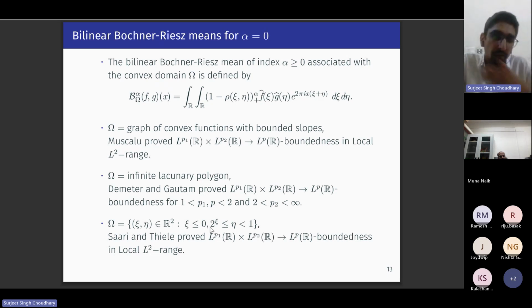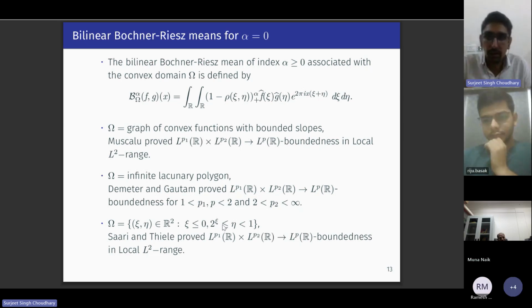This is not bounded also. So basically this is like a graph, exponential decay, as x goes to minus infinity it goes to 0, and it's capped above by 1. So this curve is not bounded and not convex also. But they obtained L^p boundedness in a local L^p range, Sari and Thiele.